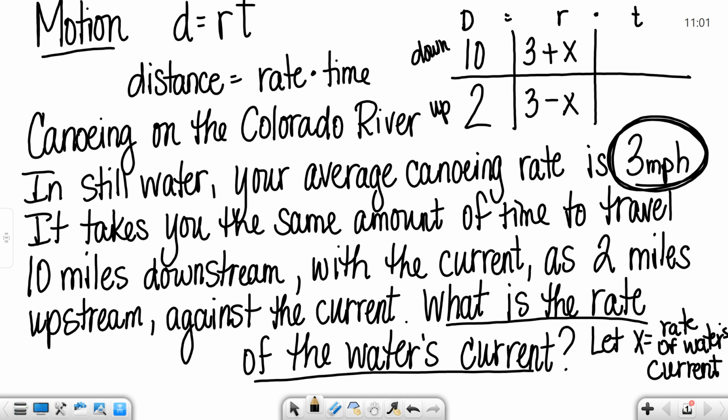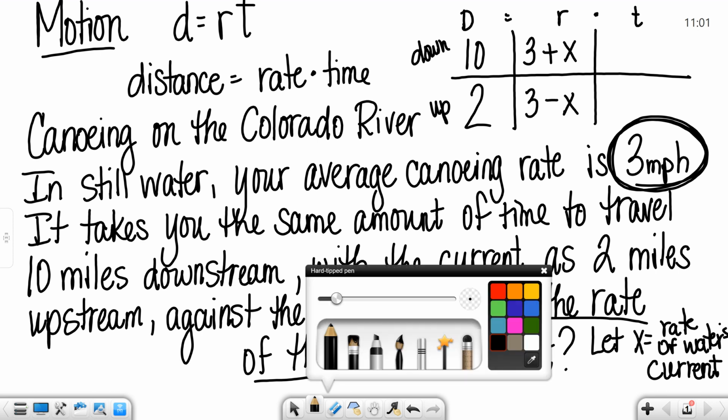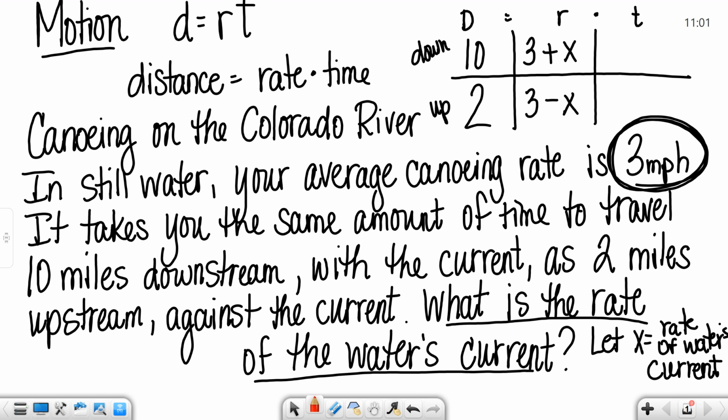All right. And so the last thing to fill in is that time over there. I do want to just point something out to you. If I took this equation right here, distance equals rate times time, and I solved it for t, remember that's what we did the last part of yesterday's lesson. So d divided by r is t.